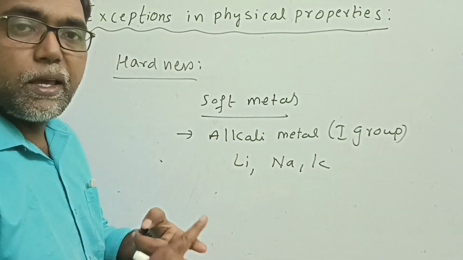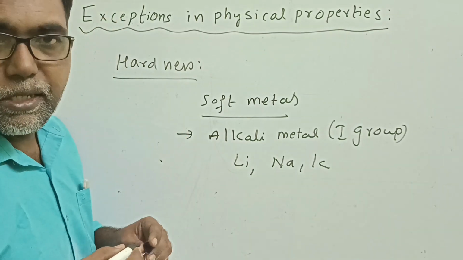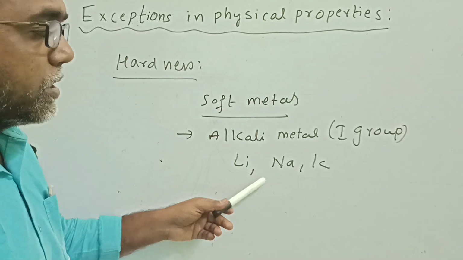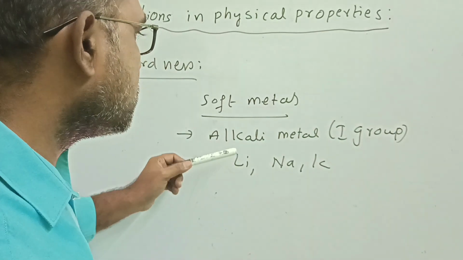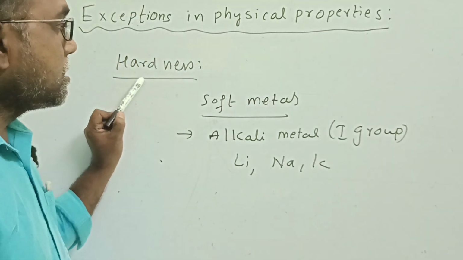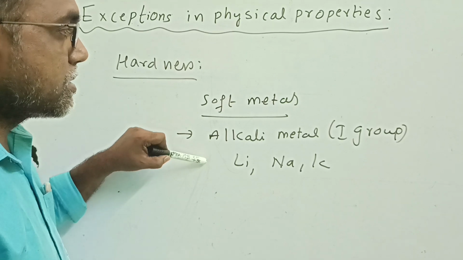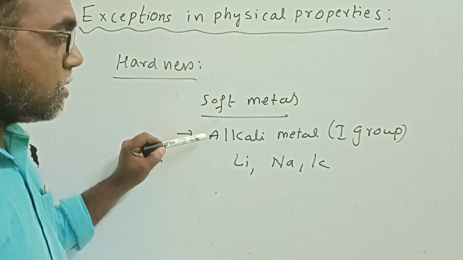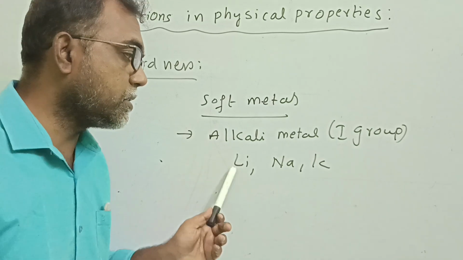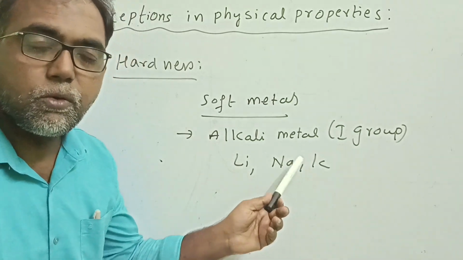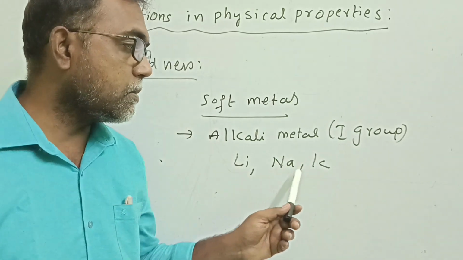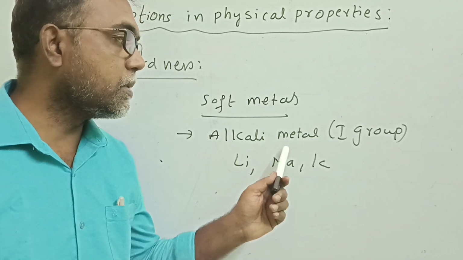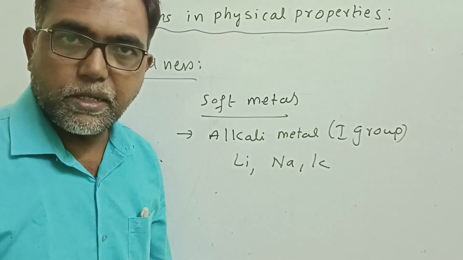With the help of a knife you can cut these elements, so they are very soft. Generally metals are very hard. But what is the exception in this case? Some metals are very soft. They can be cut even with a knife. What are those elements? Lithium, sodium and potassium. They belong to alkali metals in the first group elements.